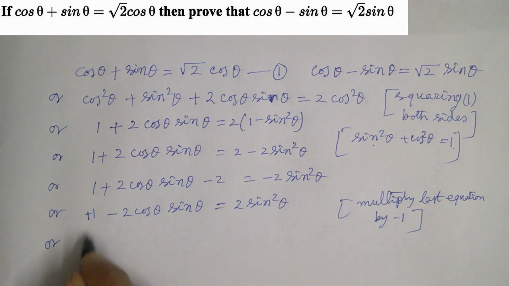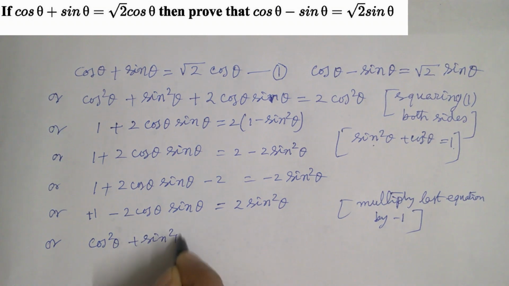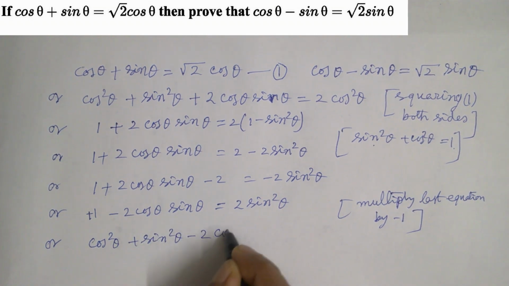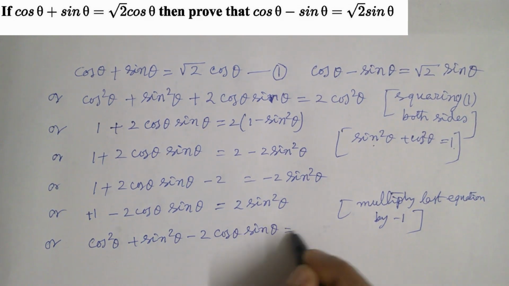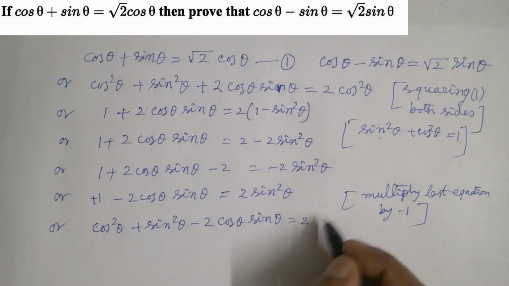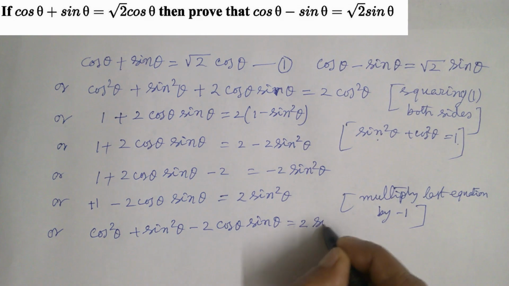Now writing 1 as cos square theta plus sin square theta minus 2 cos theta sin theta is equal to 2 sin square theta.